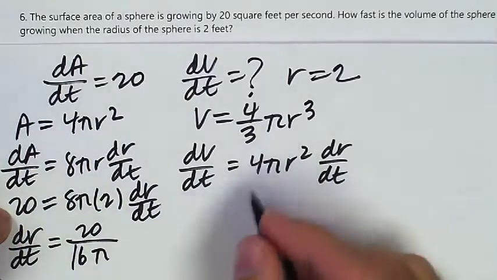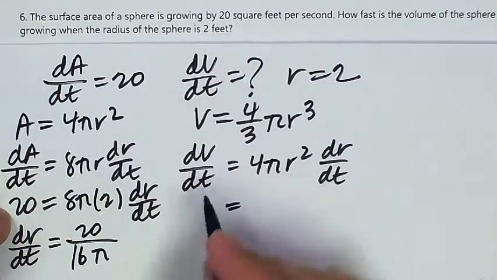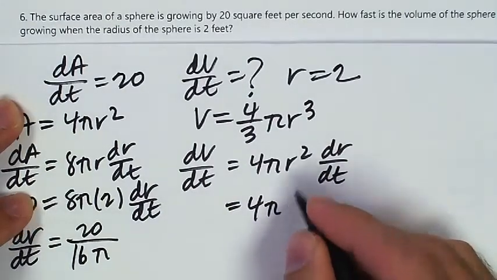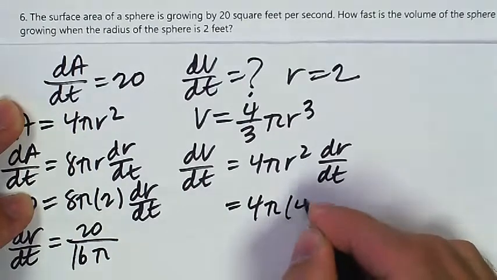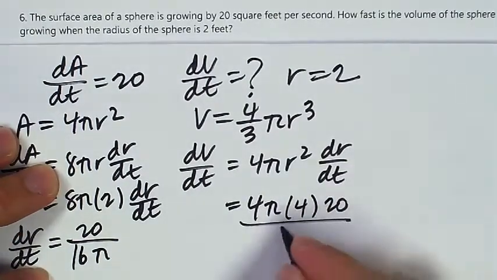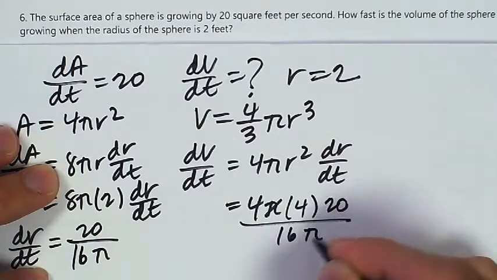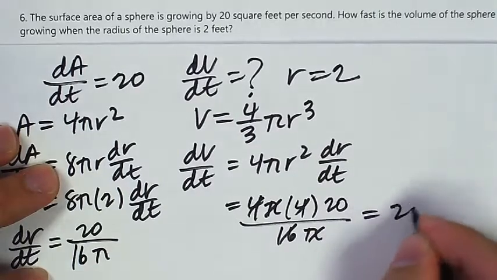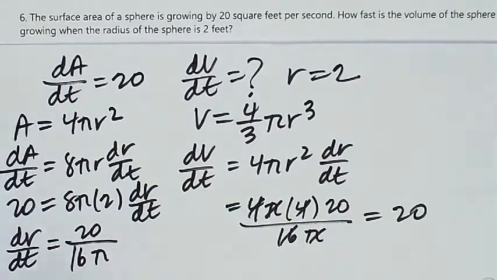Then I'm going to go over here and say that this is equal to 4 times pi, radius squared is going to be 4. Well, that's convenient. And dr/dt is 20 divided by 16 pi. Well, the pi's are going to cancel. The 16 and the 16 will cancel, and that rate of change is going to be the 20. Hey, that was pretty nice.